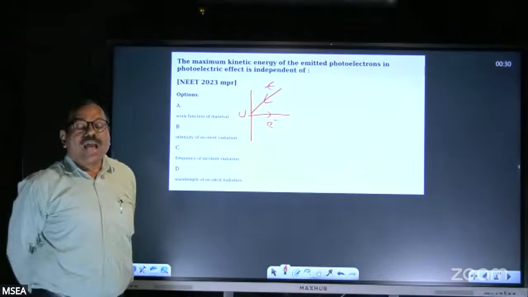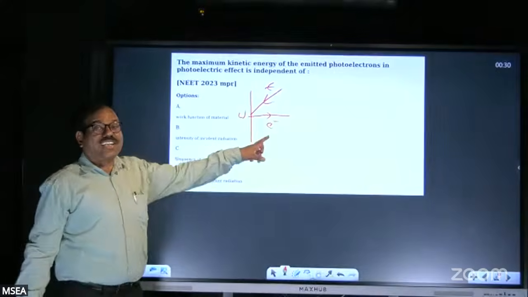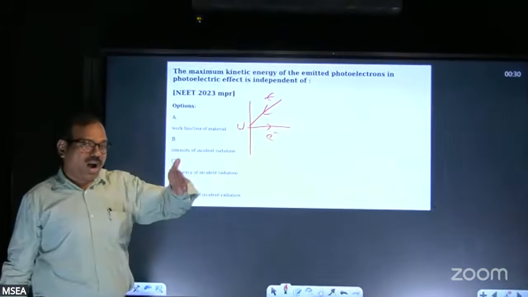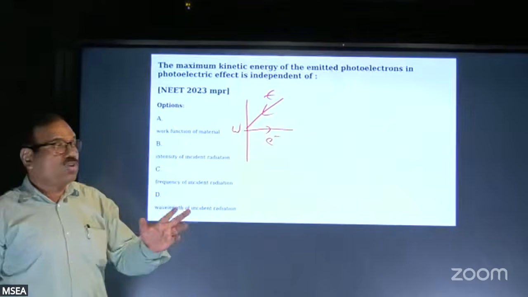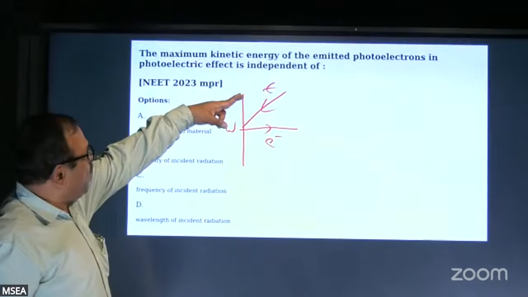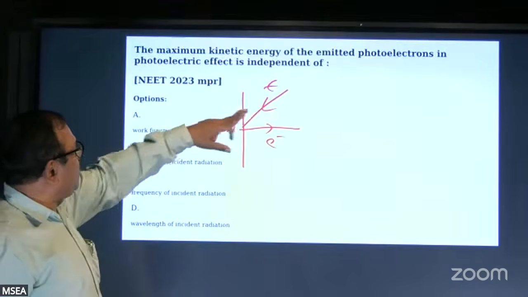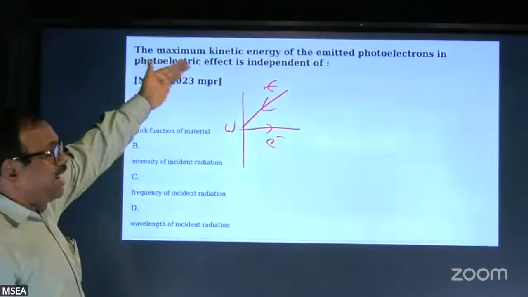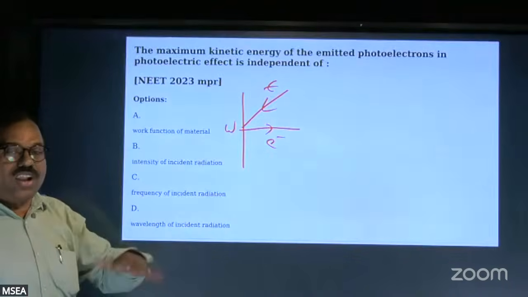So you have to remember what the energy of the photoelectron depends on. This is very important. They may ask whether the kinetic energy of the emitted photoelectron depends on or is independent of something.